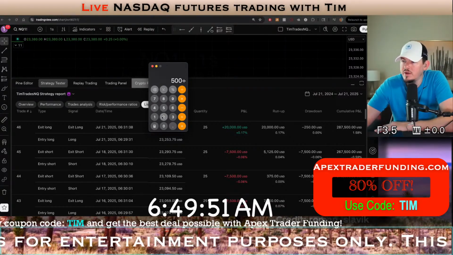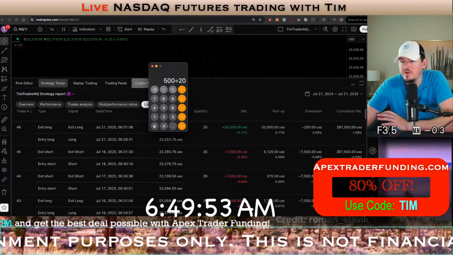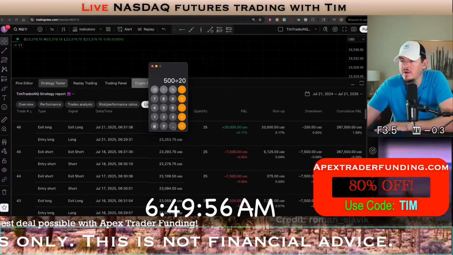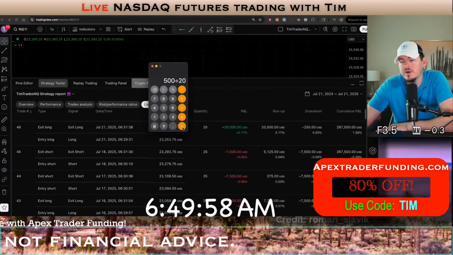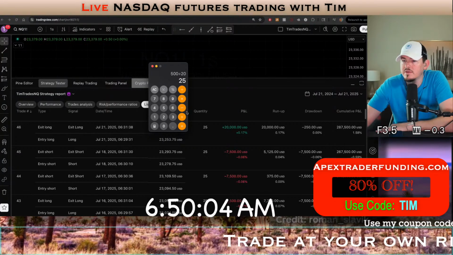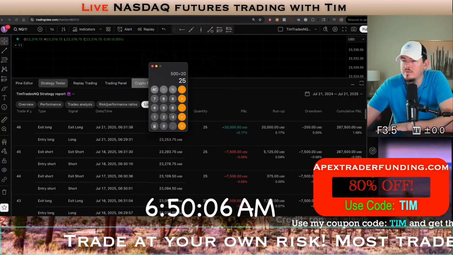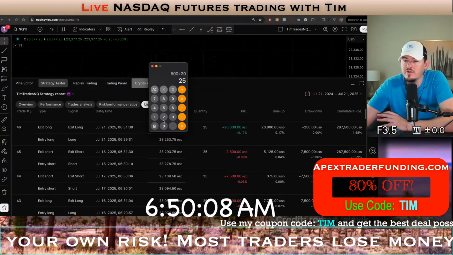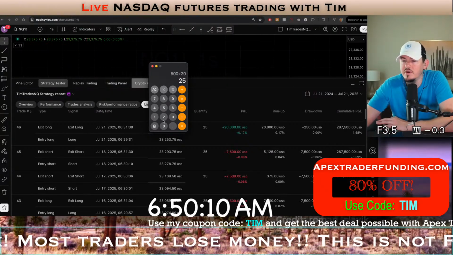Divide this by 20. 20 represents a point, 1 point. So how many points with 1 contract? 25 points. That's a lot of points. I try to typically go for no more than 10. Fewer the better.